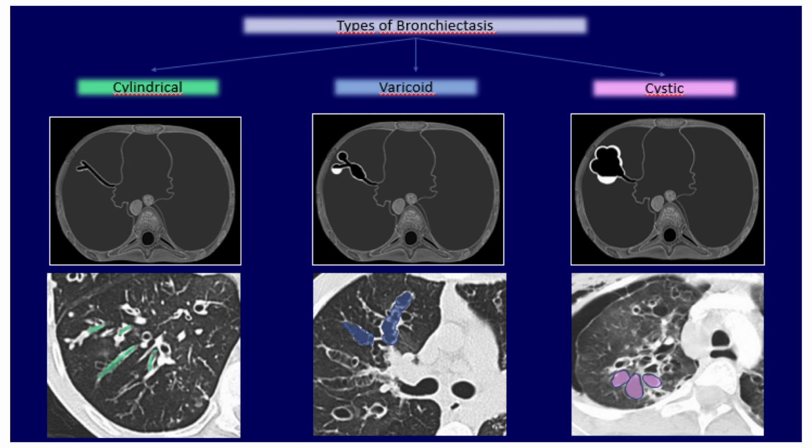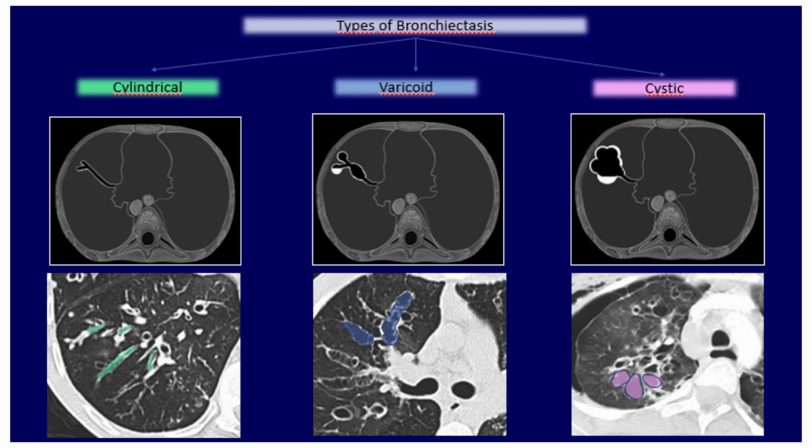So we're gonna start with cylindrical or tubular bronchiectasis, where we can see some smooth dilatation of bronchi without tapering. And the second one, which is varicose bronchiectasis, where we see some dilated bronchi with sites of constriction.